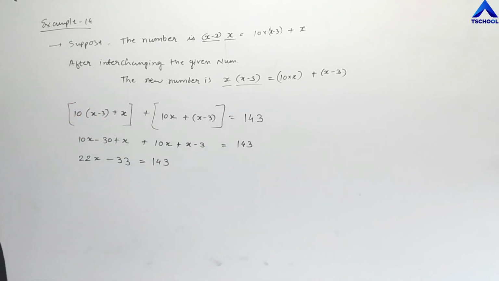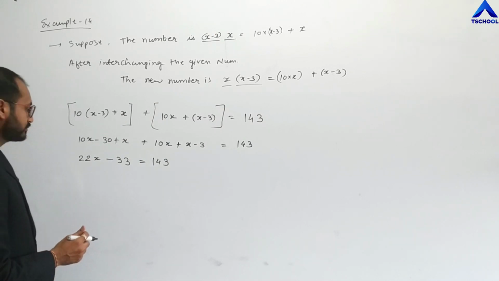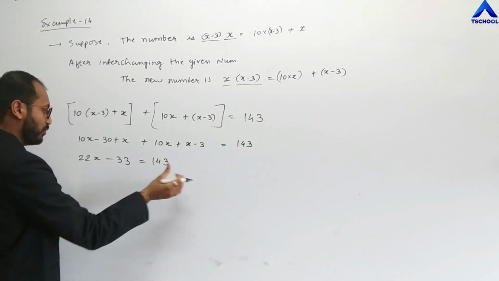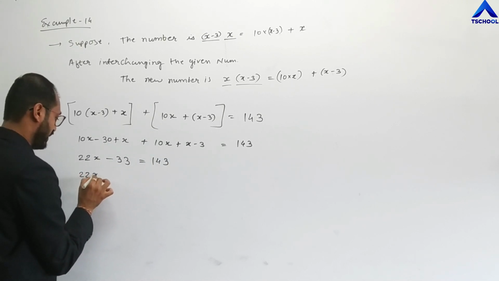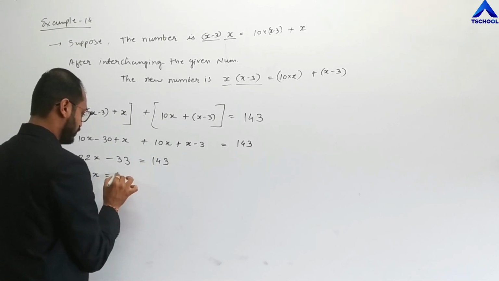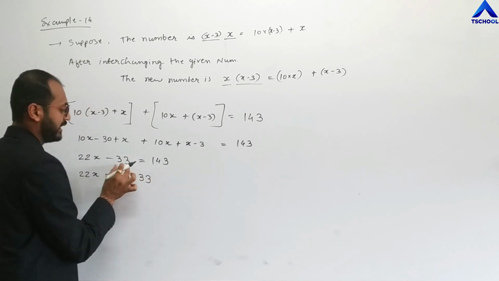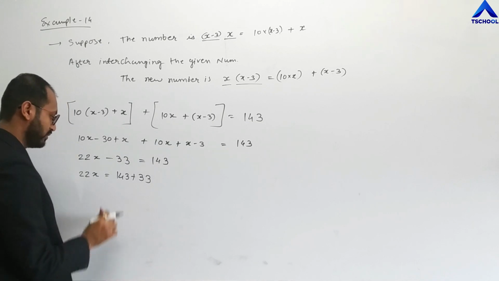Got this? Now what happened here? Let me add 33 on both sides. So 22x equals to 143 plus 33. This minus 33 plus 33 will give 0.